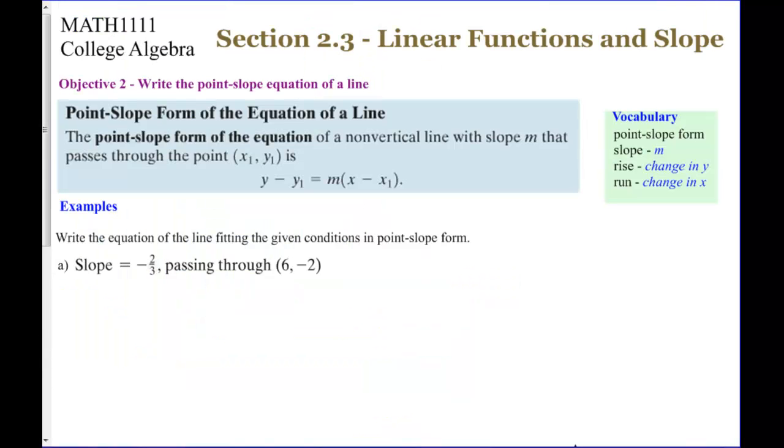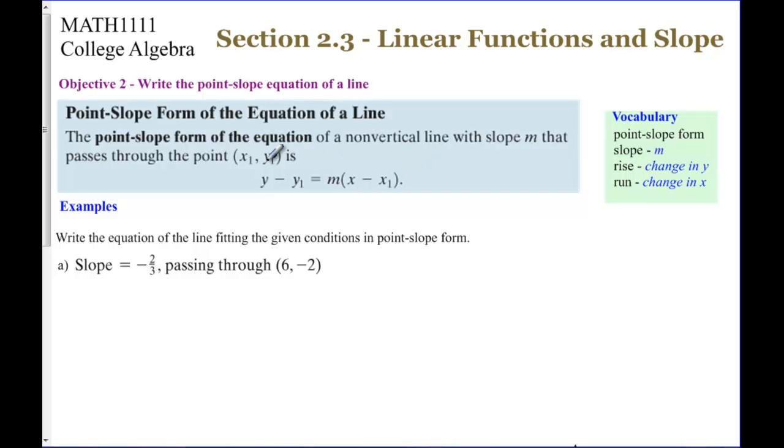All right, so we're going to talk about point-slope form of the equation of a line. So point-slope form, this one's a little bit different than what we're used to. Typically, we talk about things in slope-intercept form, which is y equals mx plus b. So the point-slope form is just another formula, and it's actually pretty easy to go from some information to point-slope form.